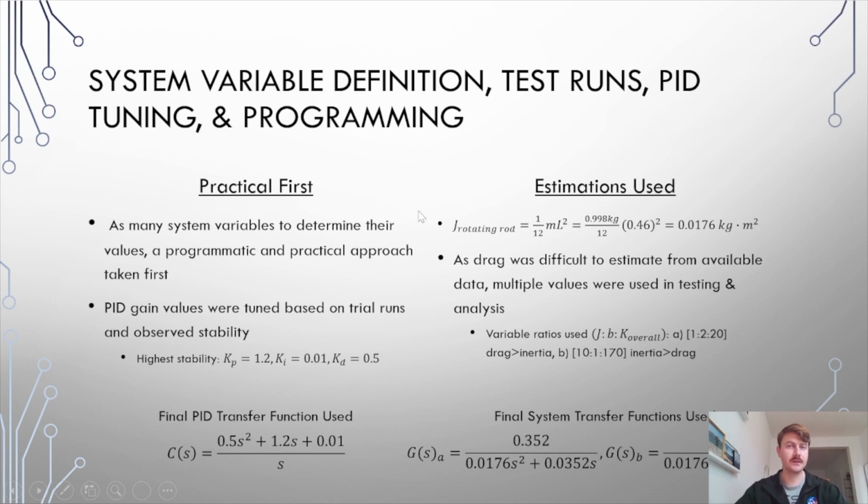Now, for actually defining the variables and the gains in the system, because I didn't have very much data on the transfer function of the physical system of the drone, there were some estimations used, as well as some trial runs and tuning. The tuning of the PID was actually all done practically.